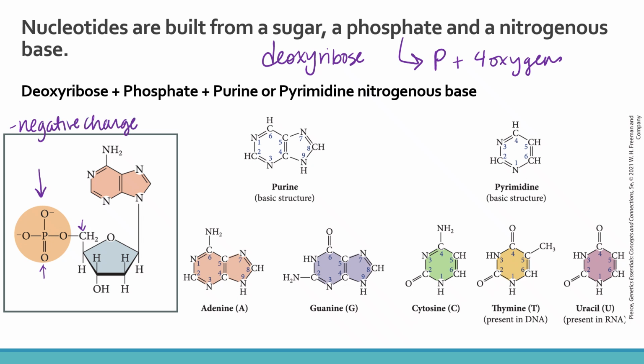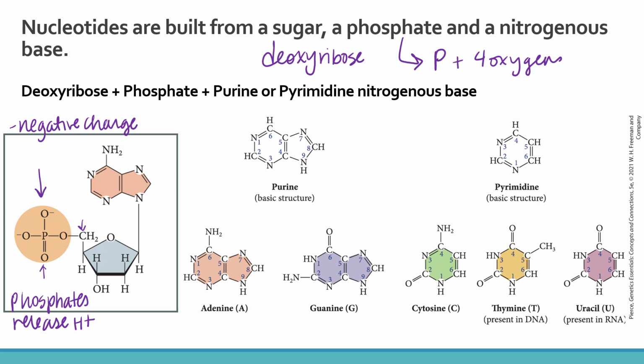The reason that we call this molecule a nucleic acid is that these phosphates release hydrogen ions into solution. A molecule that increases the hydrogen ion concentration in solution is called an acid. So molecules that freely release hydrogens are acids, hence the name nucleic acid.